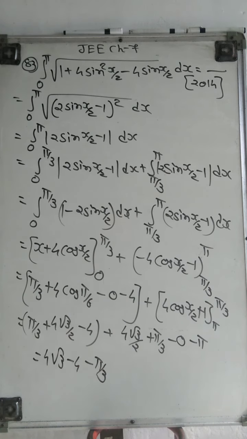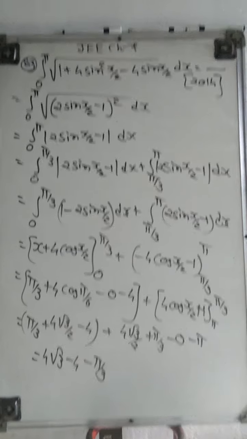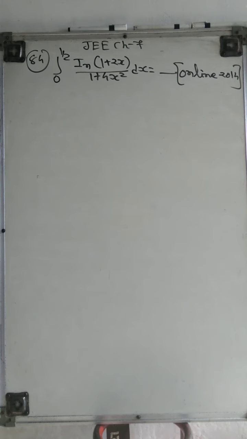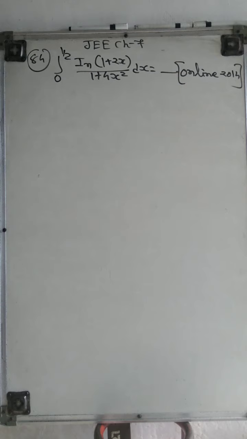Right? So this way this sum is also quite different and quite important. Okay, a 2014 question. Question 84: integration 0 to 1 by 2 of log(1 plus 2x) upon (1 plus 4x square) dx.